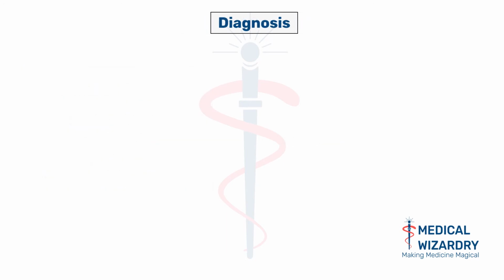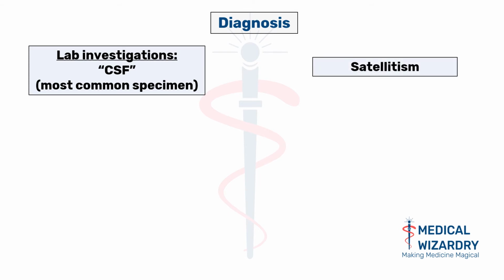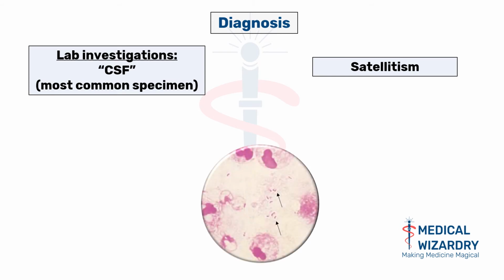Diagnosis of H. influenzae can be done with lab investigations and culture with cerebrospinal fluid as specimen. Satellitism exhibited by H. influenzae is useful to narrow down the suspect. Staining using standard stains like Gram staining and identification of the bacteria based on morphology will be useful.